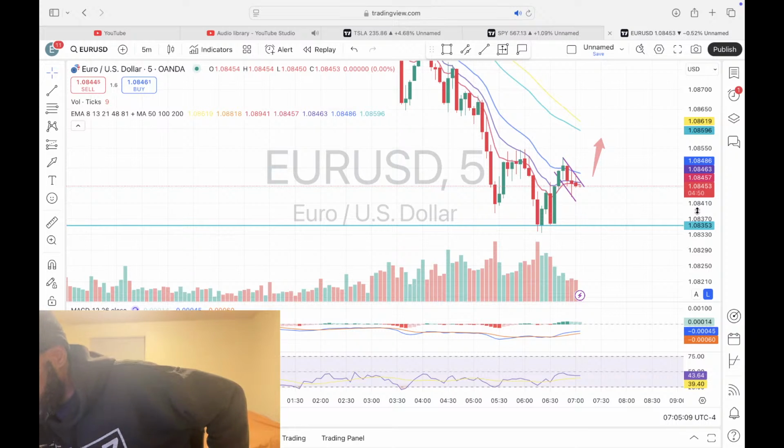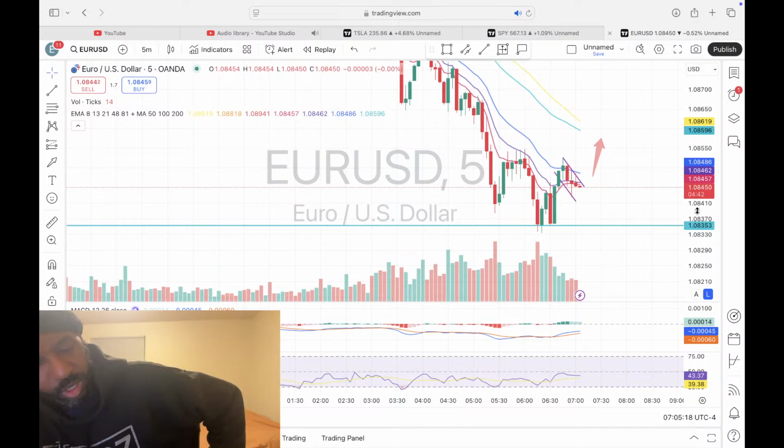Okay, so as far as investing into stocks, there's different ways that you could go about it. You could be a buy and hold type of person. You buy your stocks and you don't worry about them.